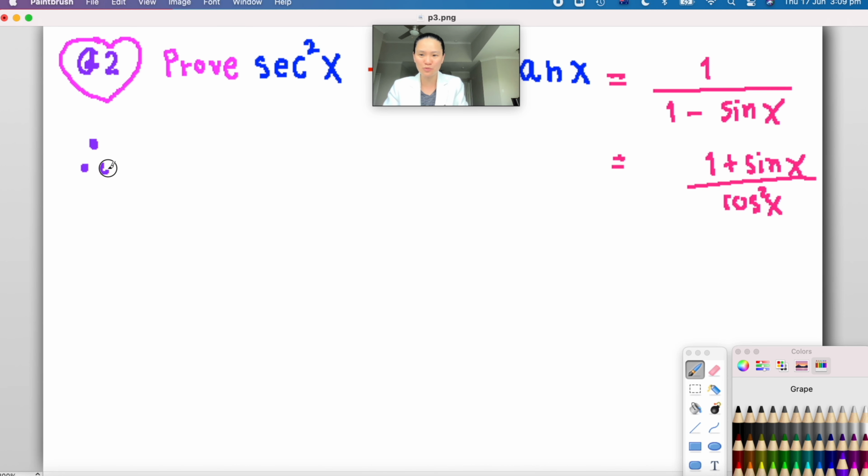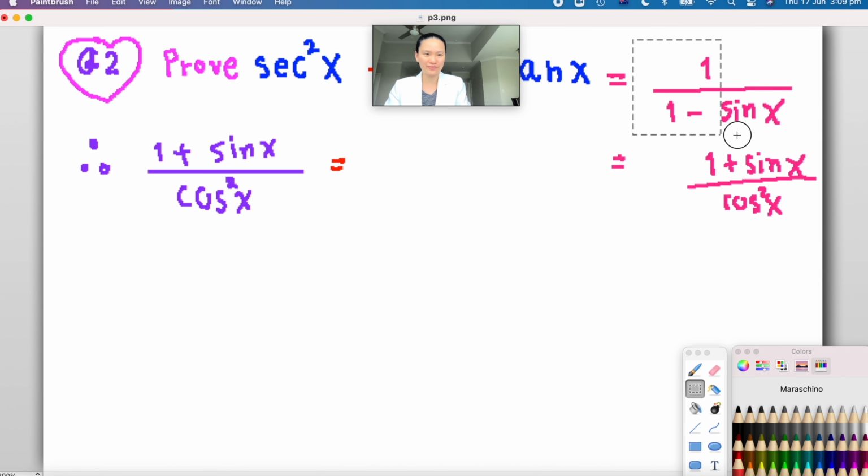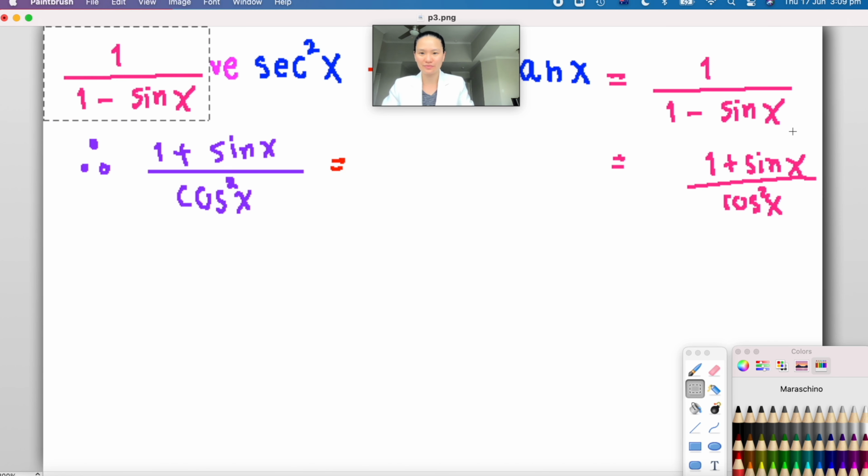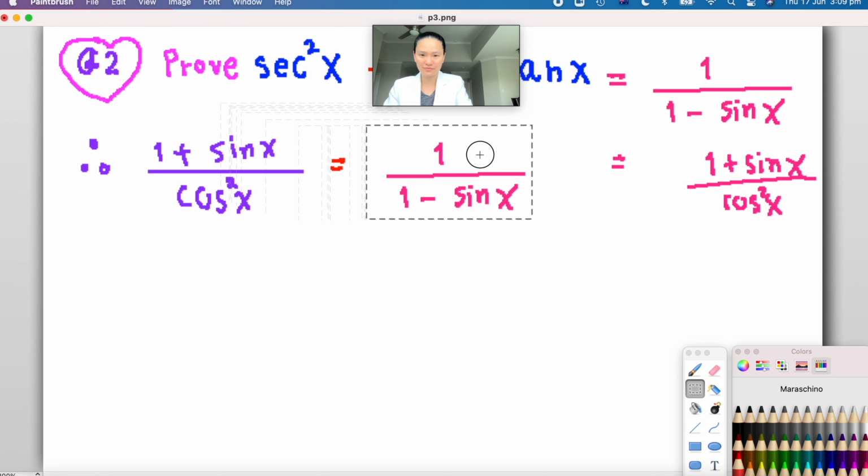I'm going to prove that (1 plus sin x) divided by cos x squared equals 1 divided by (1 minus sin x).